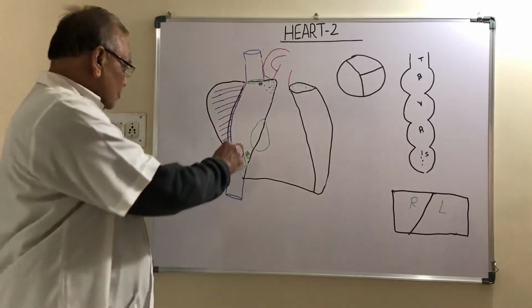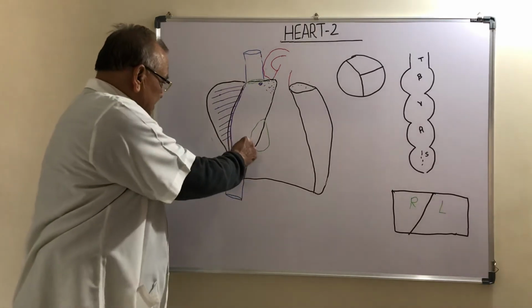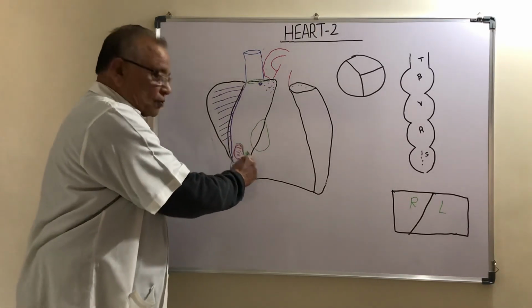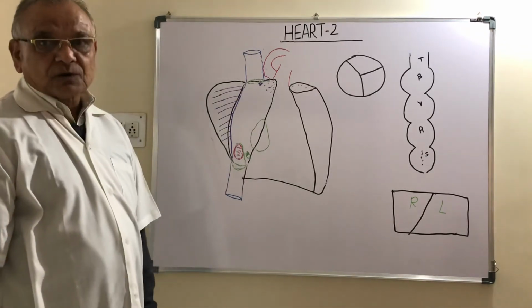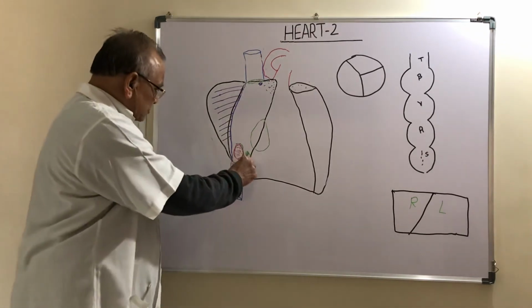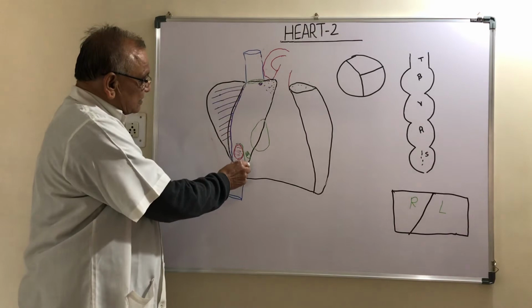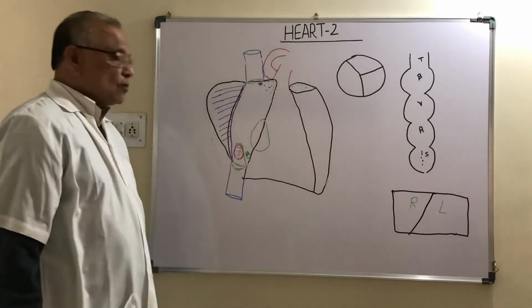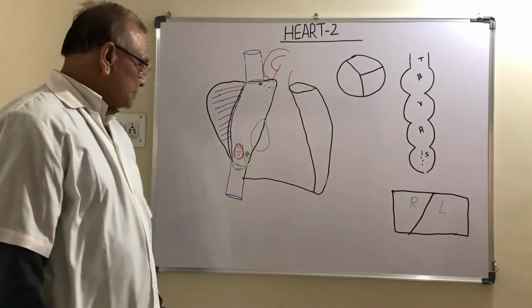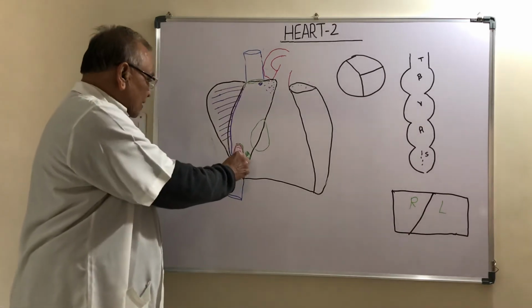The lower end of the limbus fossa ovalis is continuous with the left cornu of the wall of the inferior vena cava.